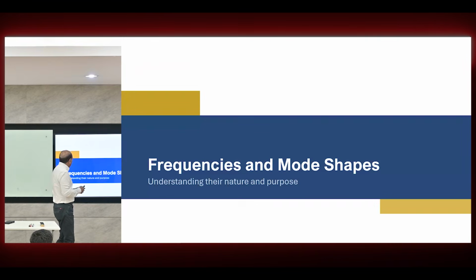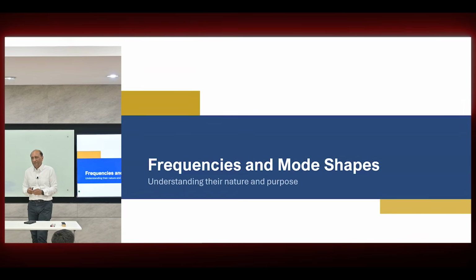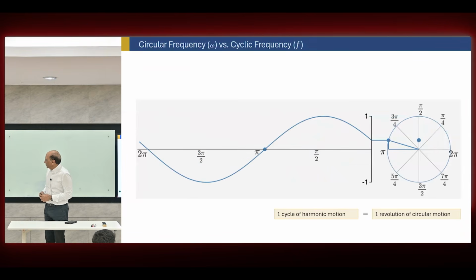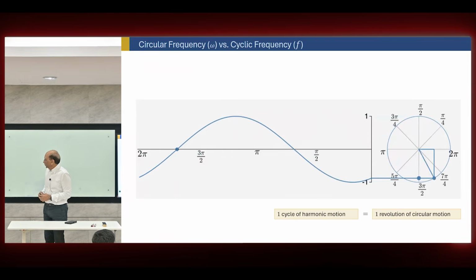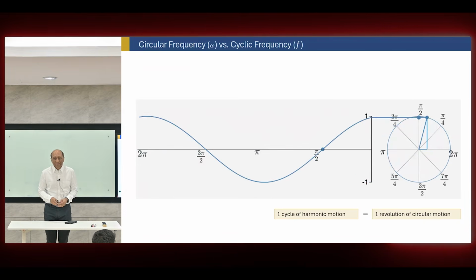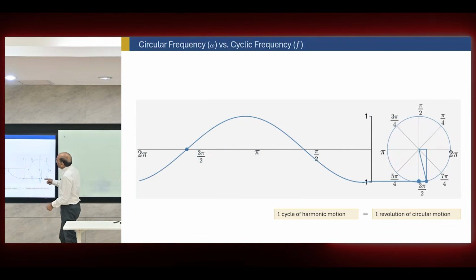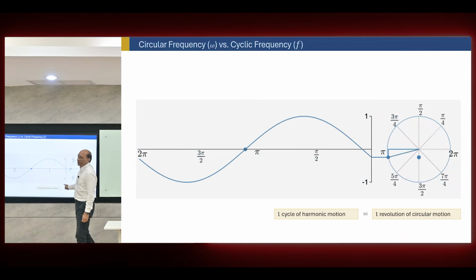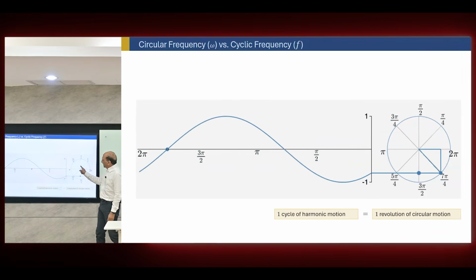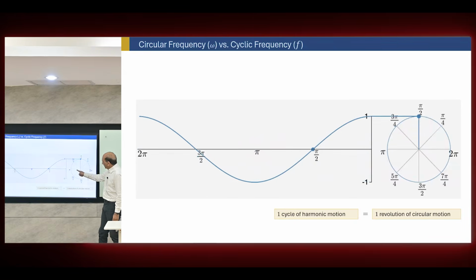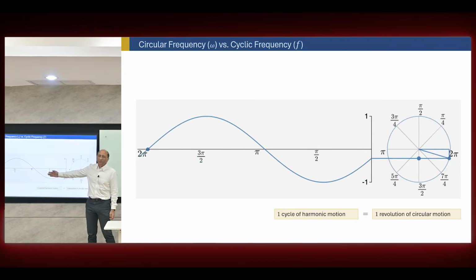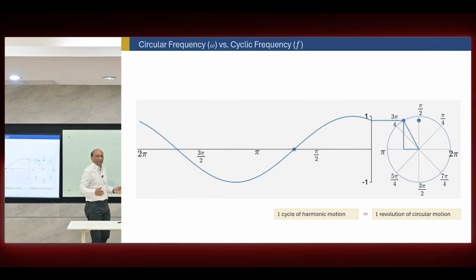Now let's come back to frequencies and mode shapes and natural period. This is the diagram showing you the nature of the vibration. This is a wave of the motion, and basically a circular angular frequency is being converted into a translational motion.